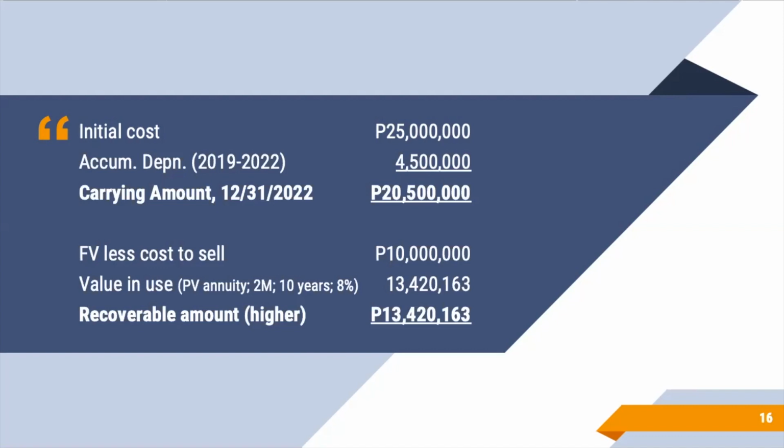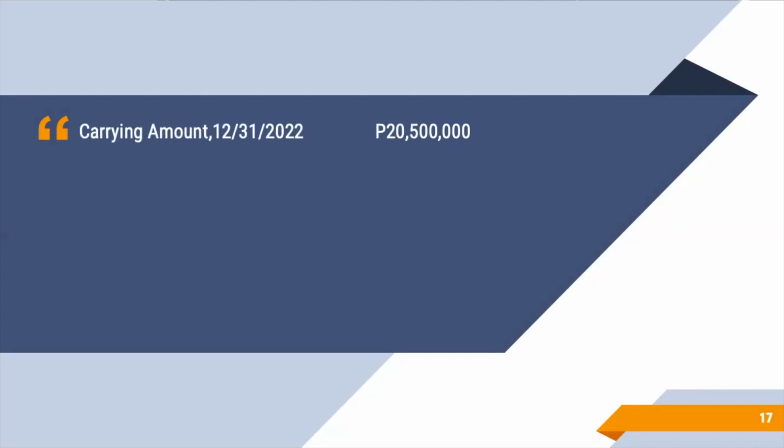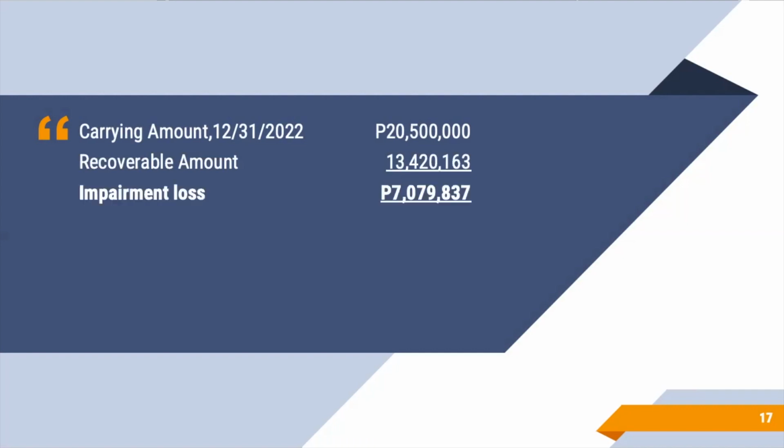If you observe, the recoverable amount is lower than the carrying amount. Thus, there is impairment. So the impairment is carrying amount minus the recoverable amount. The impairment loss for December 31, 2022 is 7,079,837.